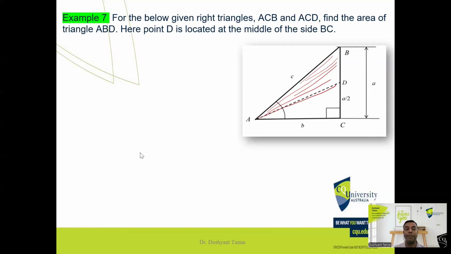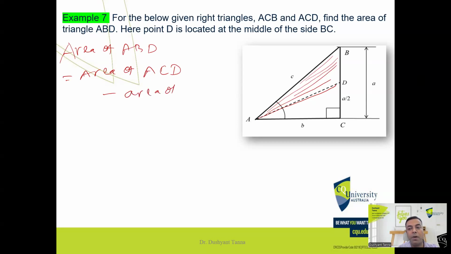So what will happen, as we discussed, is the bigger right angle minus the smaller right angle. That will give you the remaining triangle, right? So let's write it. Area of ABD is area of ACD minus area of ACB.